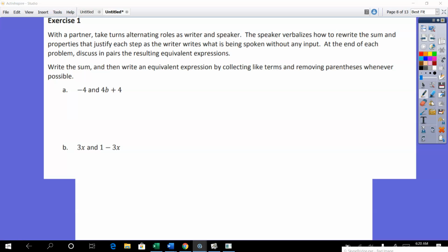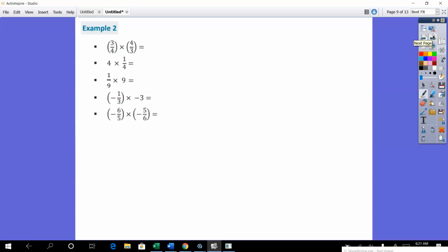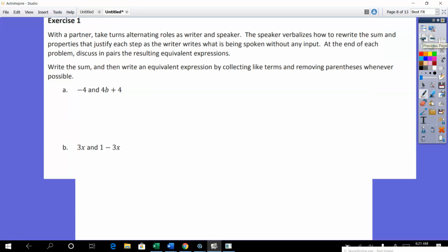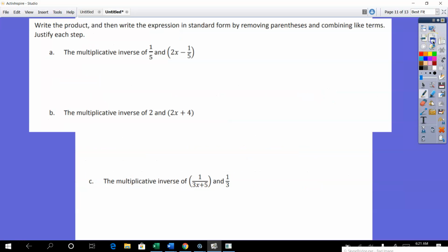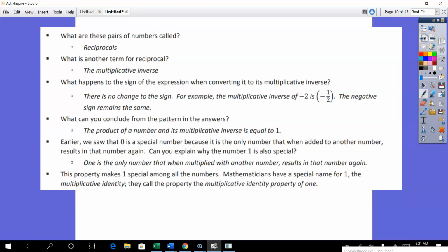So one person will start out as the writer on A, and then one person will start out as the writer on B, and then the other person is just going to talk them through what to do, and you're just going to go back and forth with that throughout the exercise.